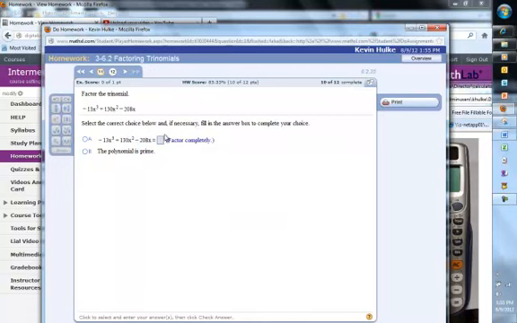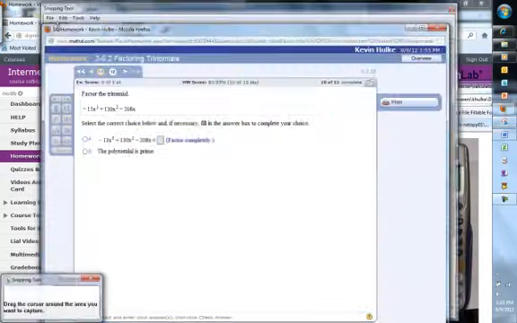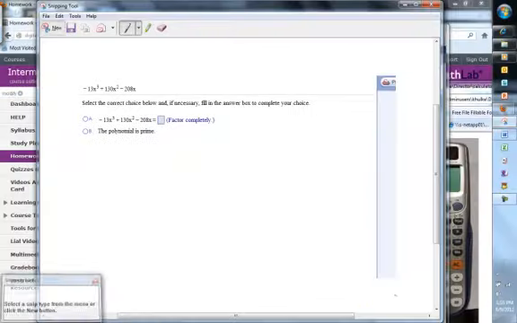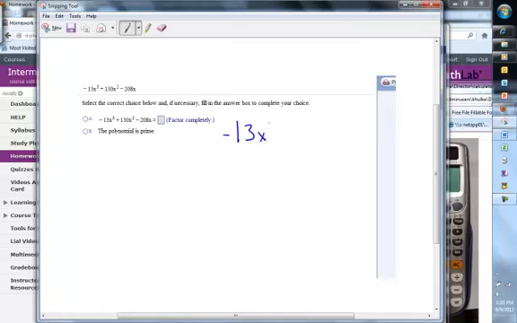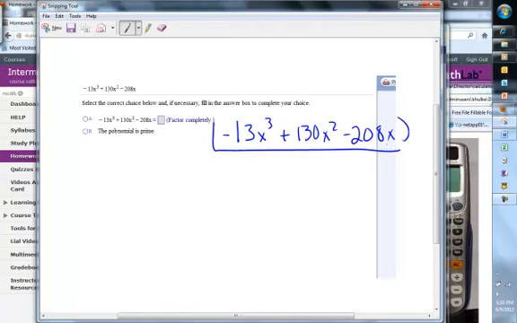Number 11. Let's try dividing everything, first of all, by a common factor. Negative 13x cubed plus 130x squared minus 208x. Let's divide everything by negative 13x.